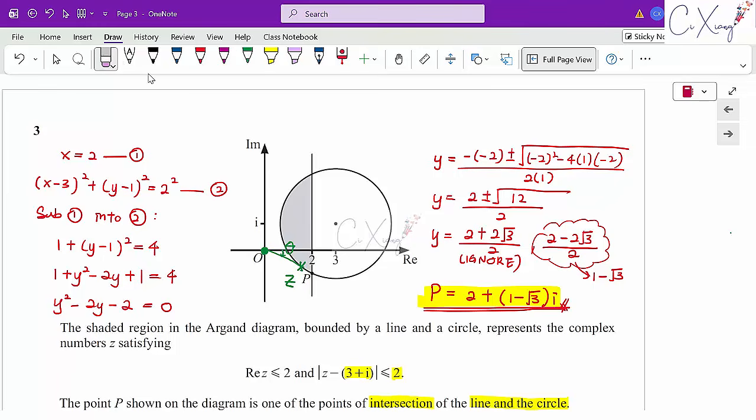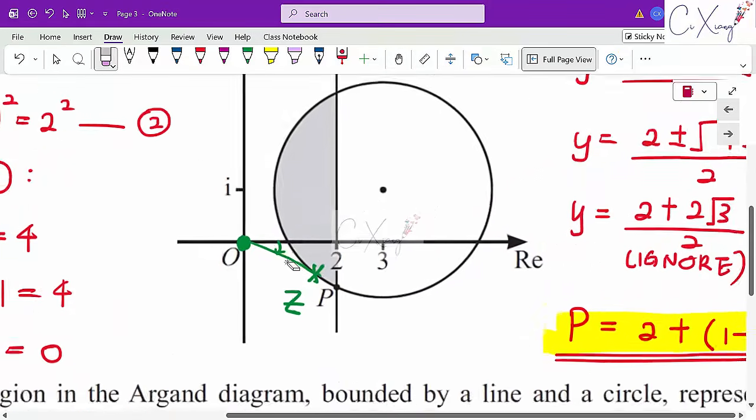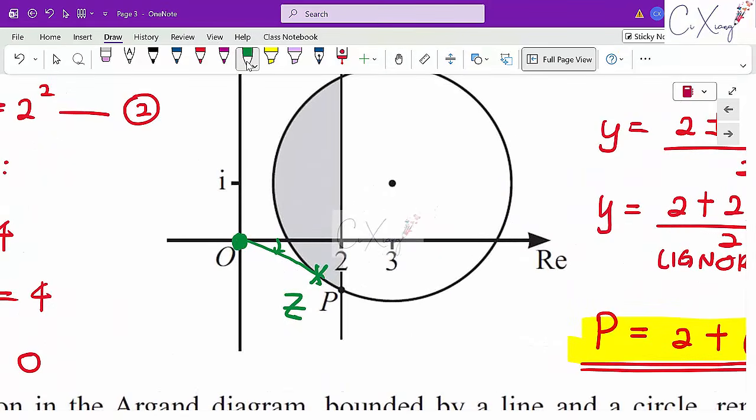This is argument Z. Can you see that? I draw a small arrow here. This argument Z has a negative value because we measure it from the positive x-axis and go down in clockwise direction. Clockwise direction, the measurement will be negative. So negative shouldn't be the biggest angle.